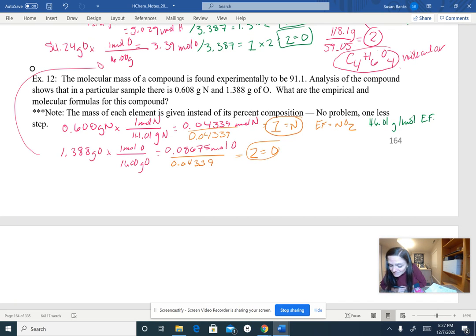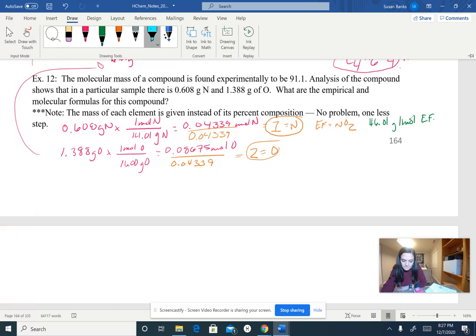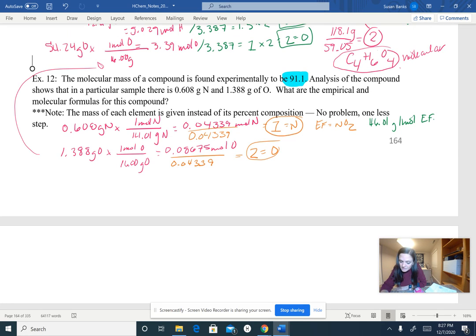Does it match what we have for the molar mass? When we look at the molecular formula, mass is 91. It doesn't match.